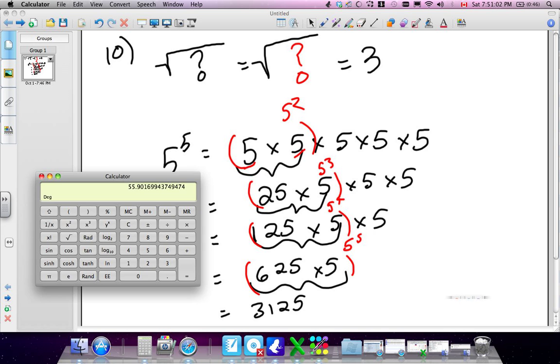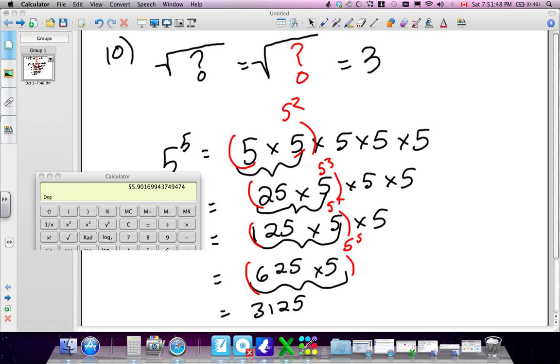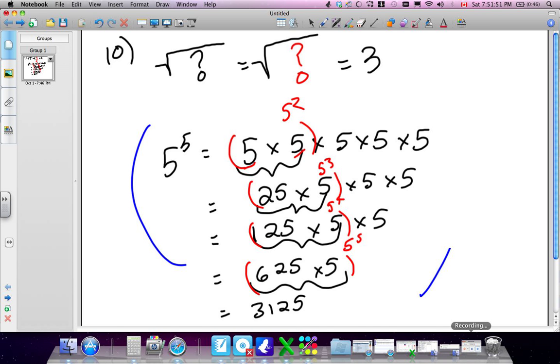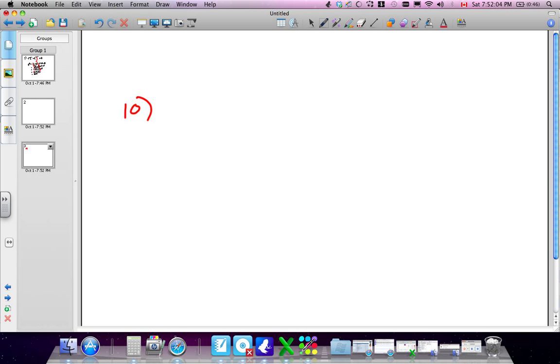So, our square root question, remember number 10, we had that the square root of some number was equal to the answer, and then they square rooted that answer, and they got the number 3. Do you know what a square root does? Say we square root 25, that tells us what number times itself equals 25.